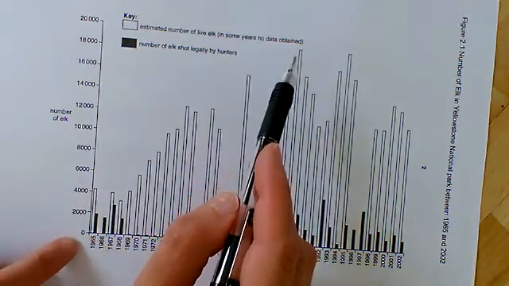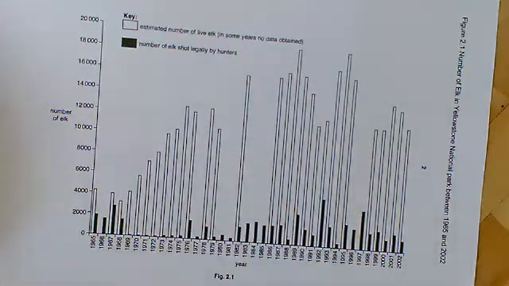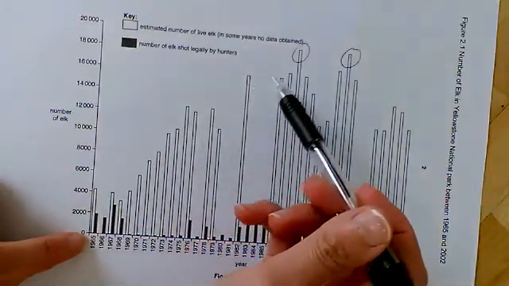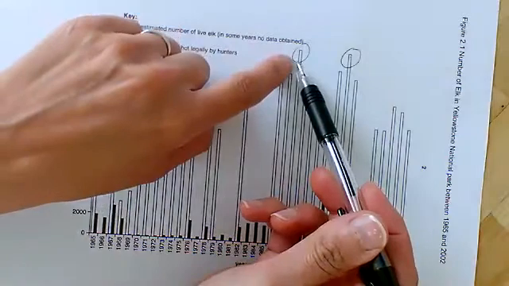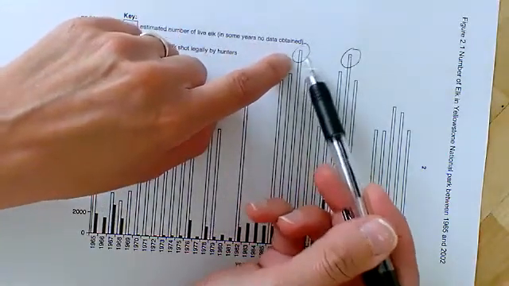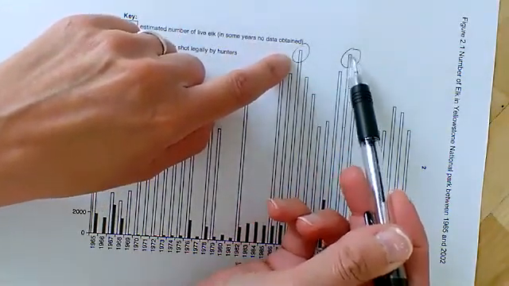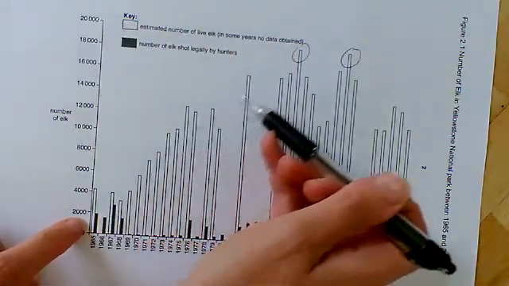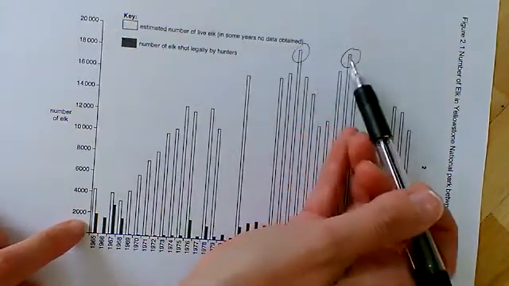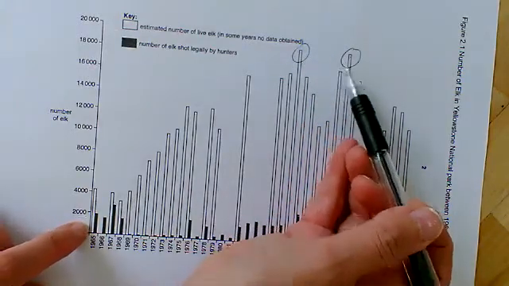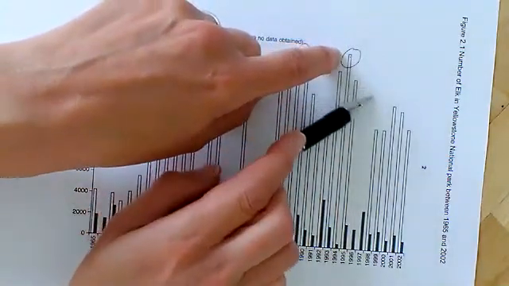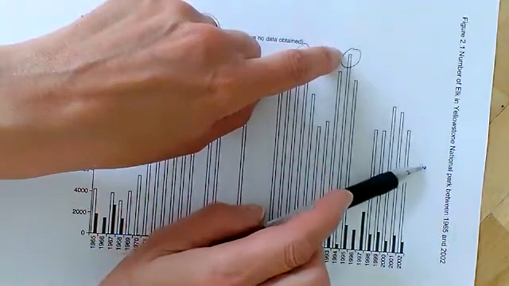So if we take the value from here, we've got this increase in trend, and we've probably got peak values at 1988 here and 1994. So you'd get some credit for talking about the population overall having increased with peaks, and you'd pick out one of these peak areas. What we can see is that there generally tends to be a trend of decrease after 1994.